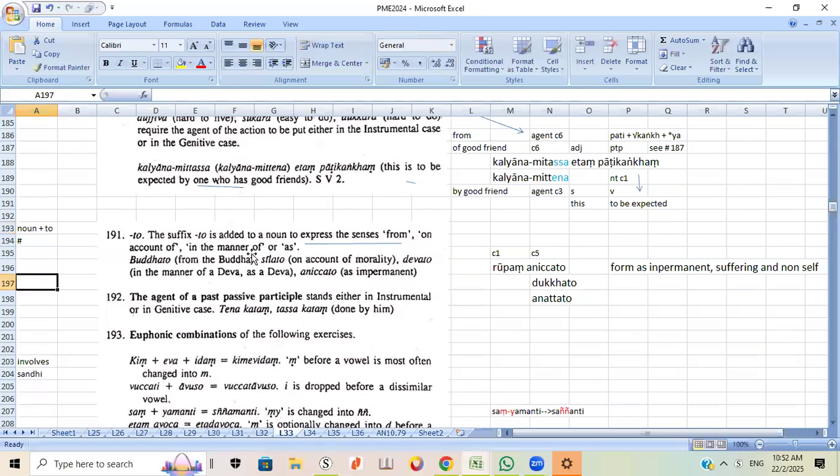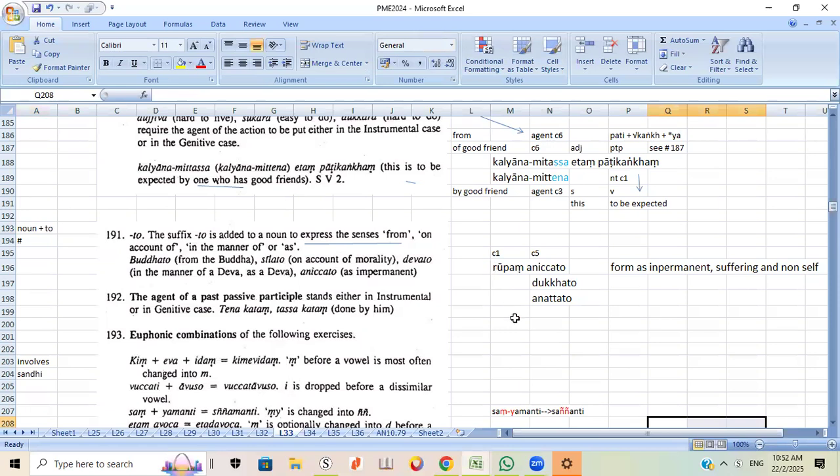The suffix to is added to a noun to express the sense of from. So it's ablative. But sometimes it's not necessary to use from. You can take this as on account of, in the manner of, or as. This is as now.